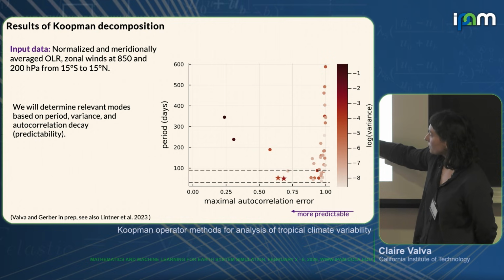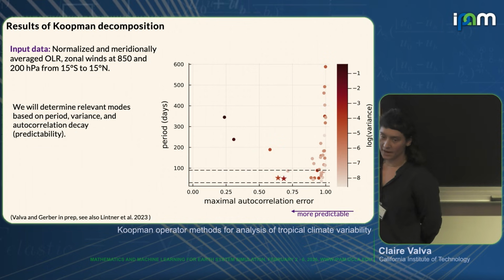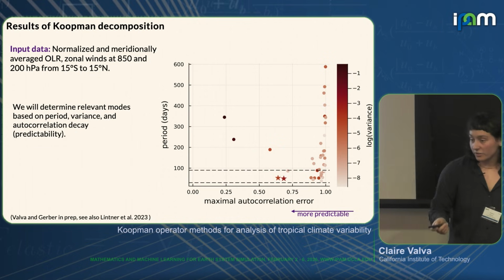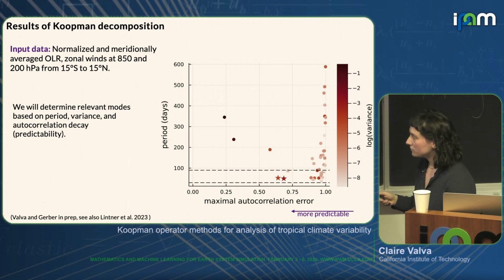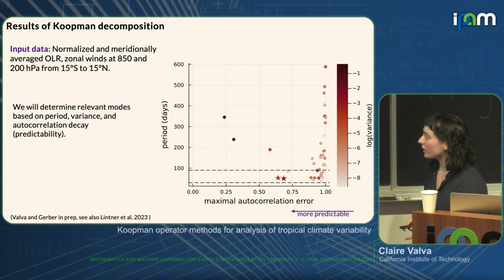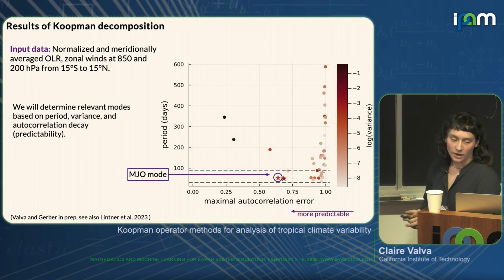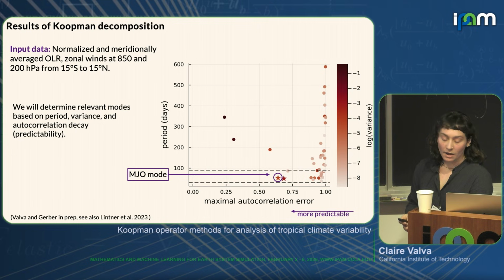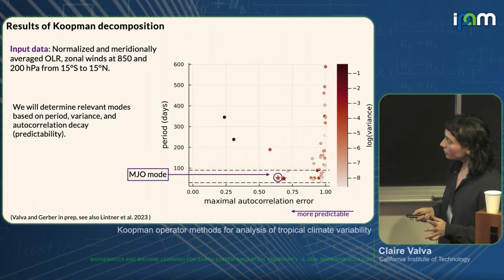What I have found is that there are 2 modes that we can highlight in the frequency band we're interested in that have some predictability, according to this metric at the very least. This first one on the left, I'm going to call our MJO mode, and we'll be able to see that better in a moment.